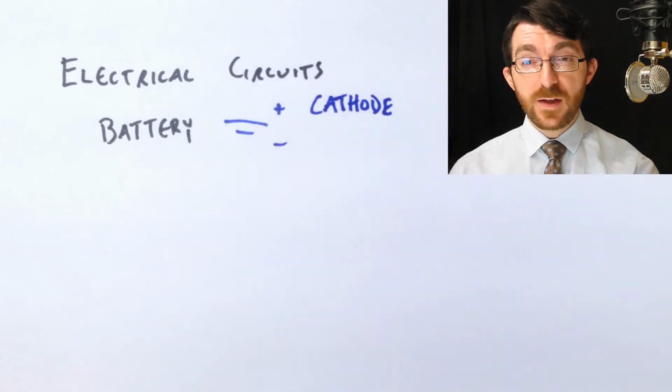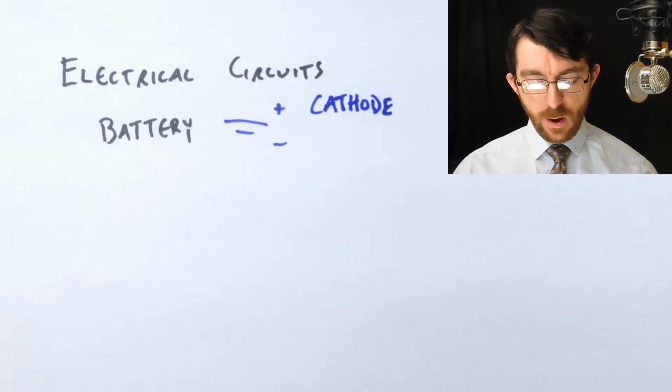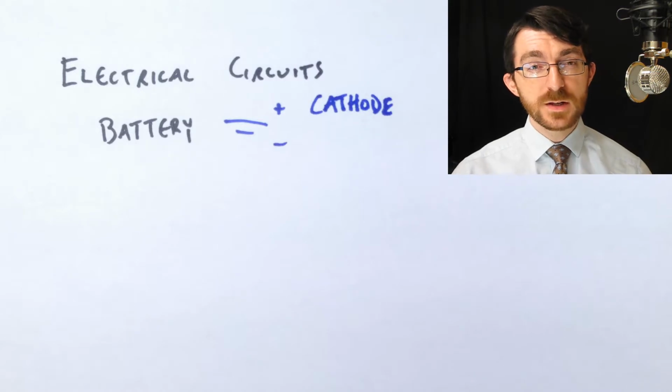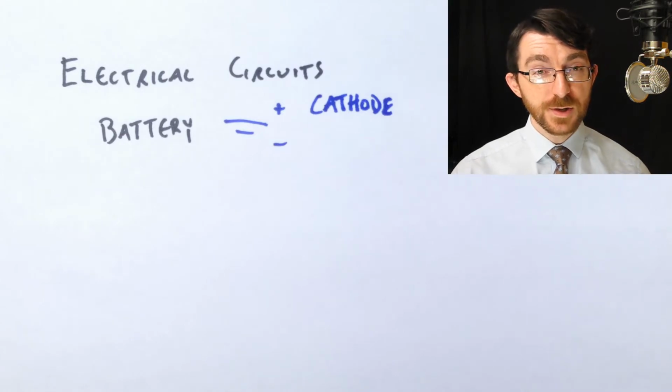And maybe you've heard of a cathode ray tube or a CRT. That used to be how monitors and televisions worked. They were called, obviously, CRTs. But also that was how J.J. Thomson discovered the electron.